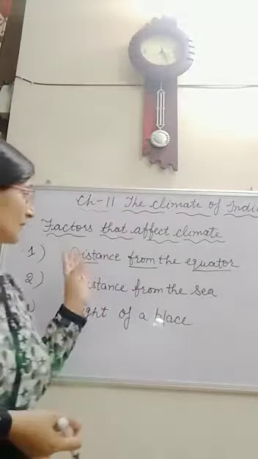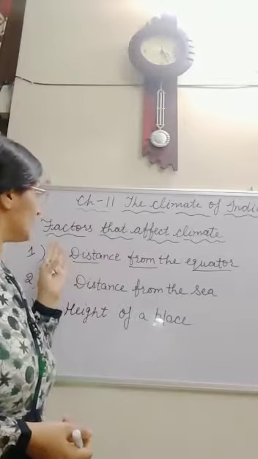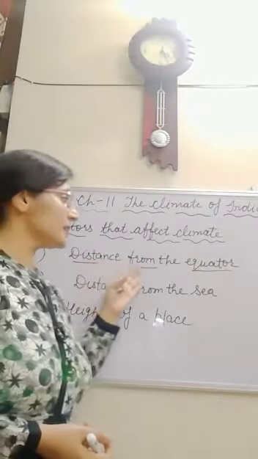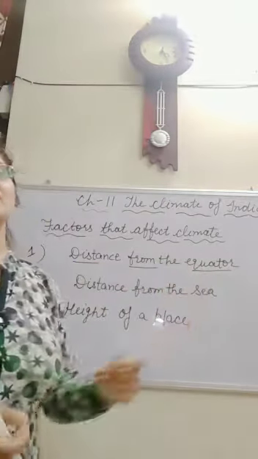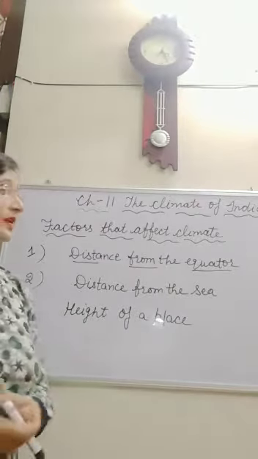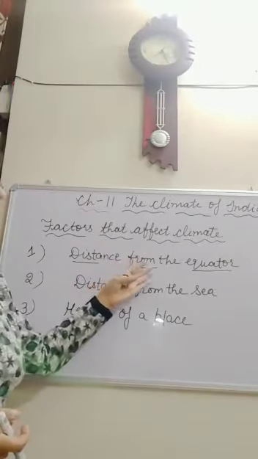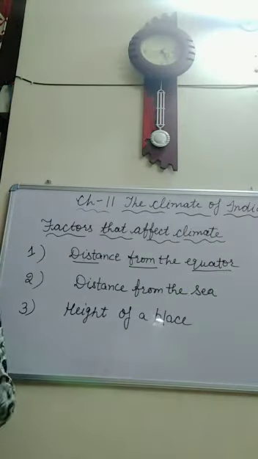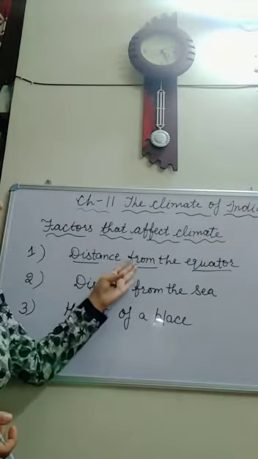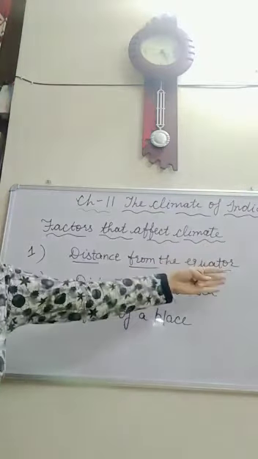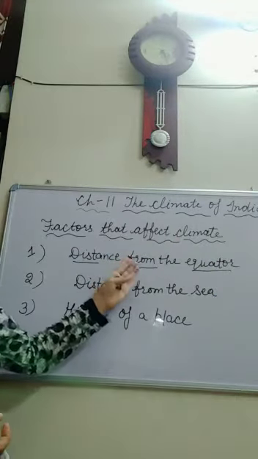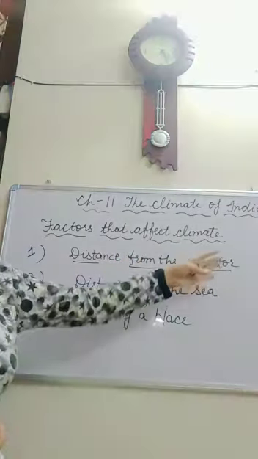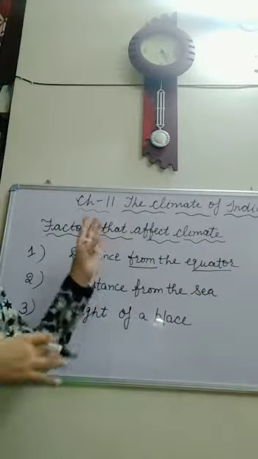So here we have the first factor, distance from the equator. What do you mean by this factor? Distance from the equator means the places which are nearest the equator, which are very near to the equator, are hotter.